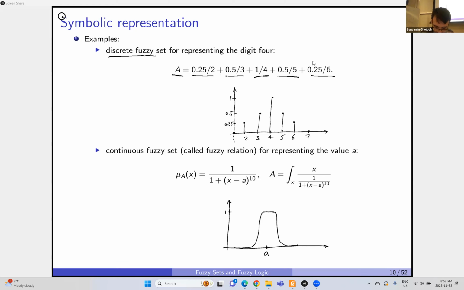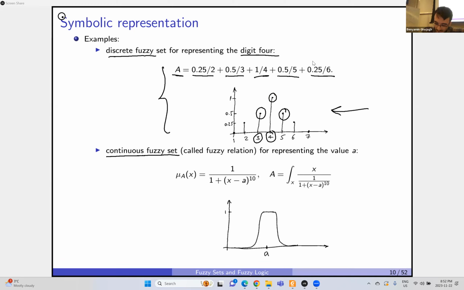For continuous fuzzy set, this is an example. Assume, by the way, what is this? Can you tell me this? What is this membership? It's a fuzzy representation of digit 4. Because for digit 4, membership is 1. 3 is closer to 4. Its membership is half. 5 is also closer to 4.